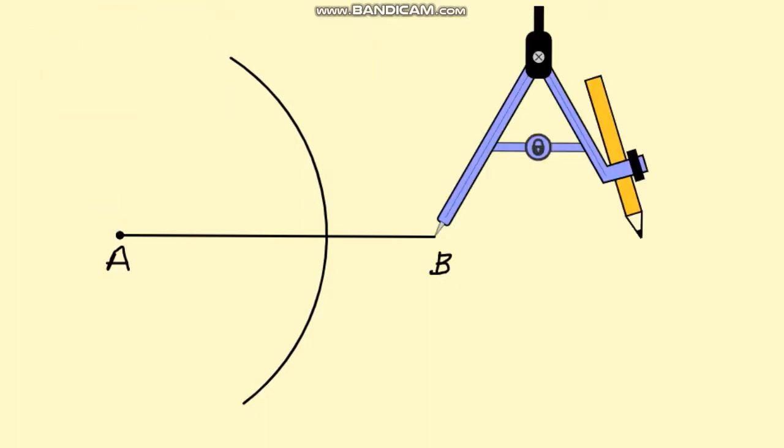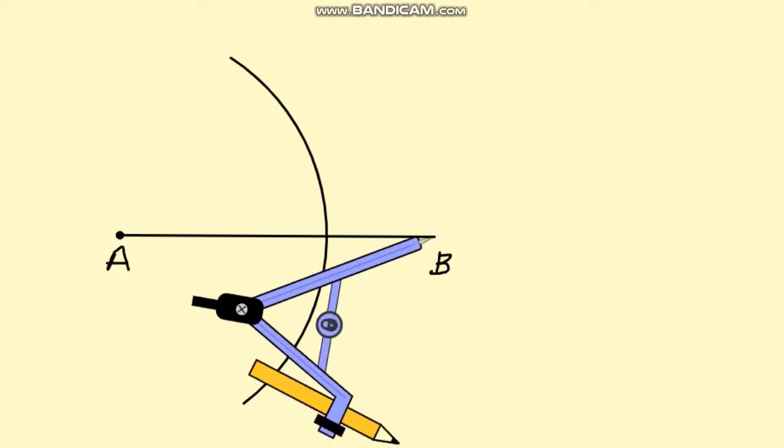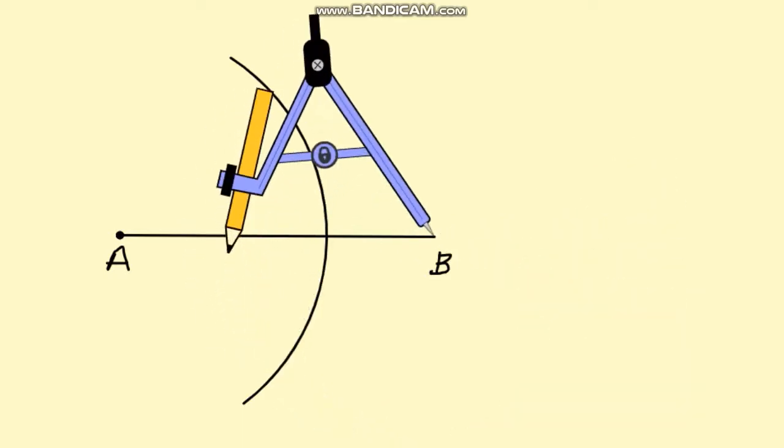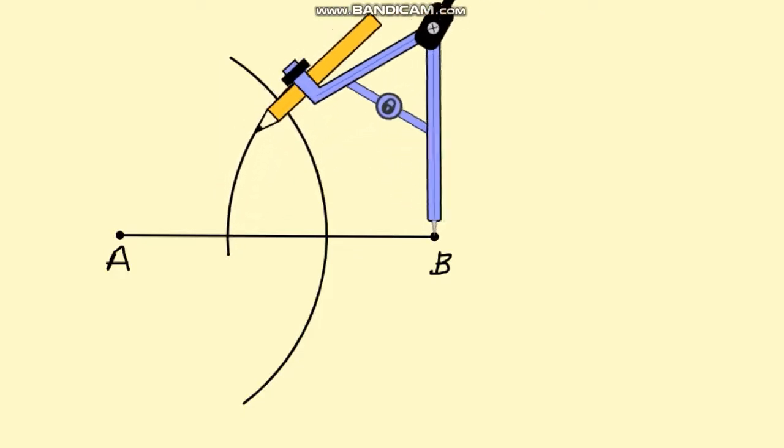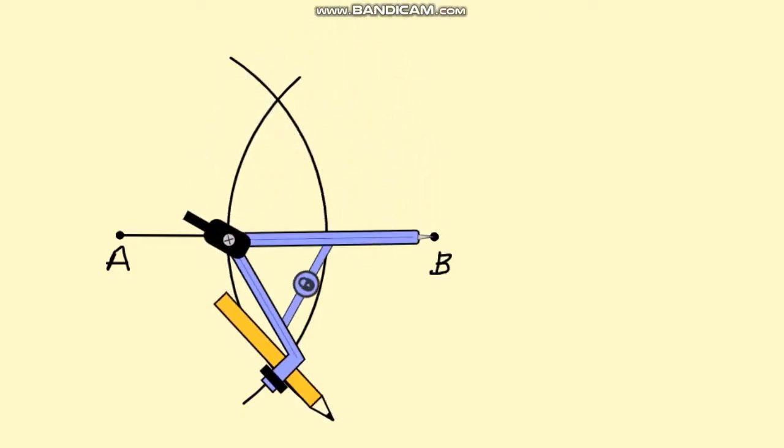Now take your compass to the next side, and again without changing the length, without changing the measure, make one arc which will cut your initial arc at 2 points.